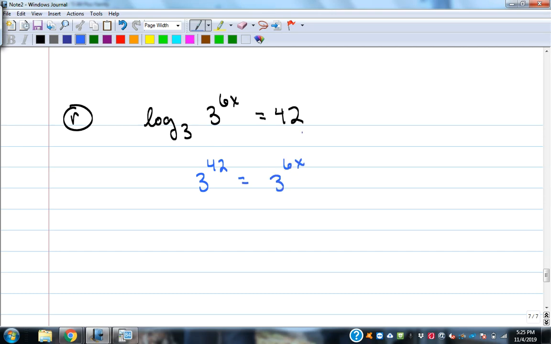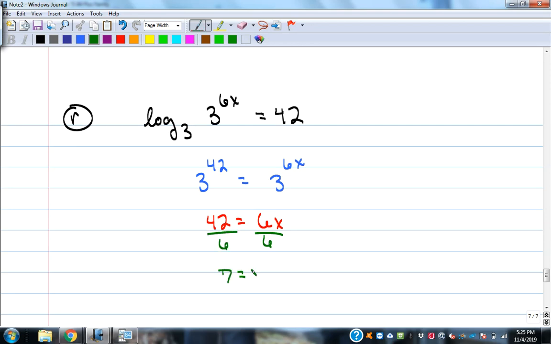And that's not bad, because now it's an exponential problem, right? And what happens to the 3's that are the bases? You ignore them, and you just get 42 is equal to 6x. And that's x equals 7.